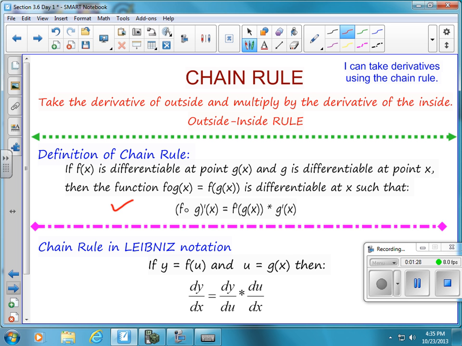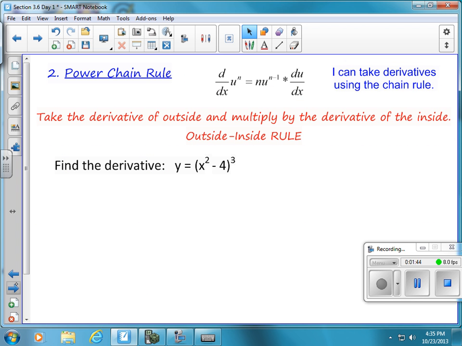You need to look at this and also maybe look at this in your book. This is called Leibniz notation, which is the other guy besides Newton who is credited with defining calculus. So pause this video and take a look at this stuff, and we're going to move on to actually using the power chain rule.